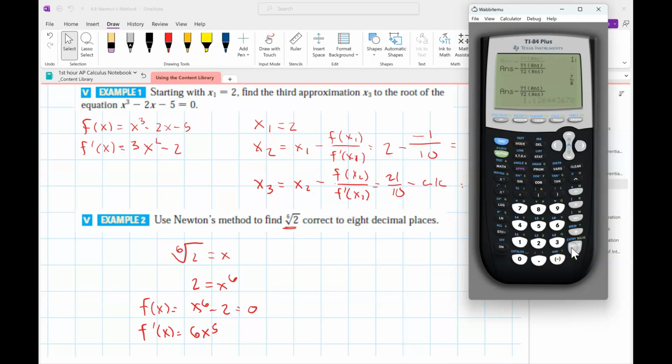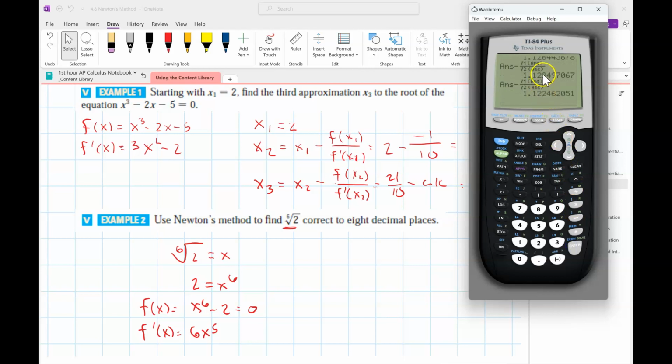It eventually gives you, okay, great. It says it wants it correct to 8 decimal places. So if I press this again, I notice I'm correct to 2 decimal places, because 1.12 is the same. So we have 2 decimal places that agree.